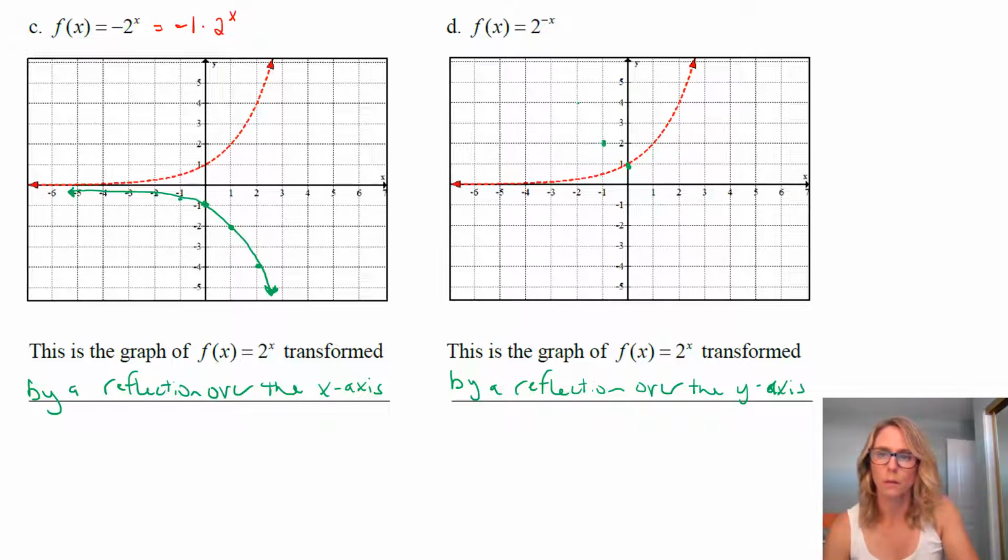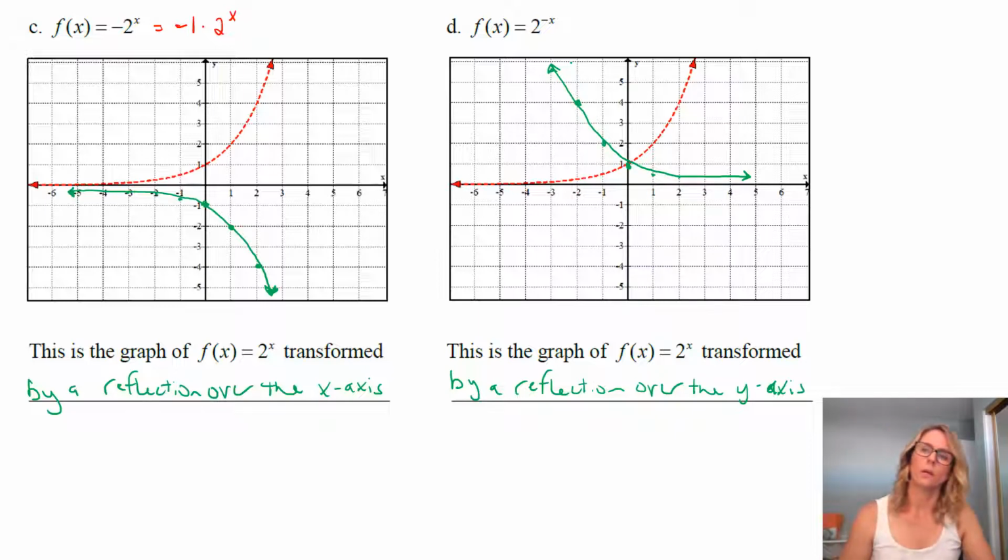So we just go ahead and do those and flip it around, and connect it. So it allows us to graph some exponential functions without having to do quite as much work as we might normally have to, simply because we can understand that it's just a transformation of that basic parent function, f of x equals 2 to the x.